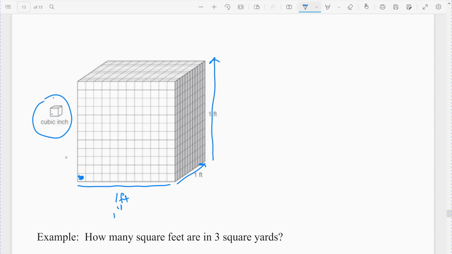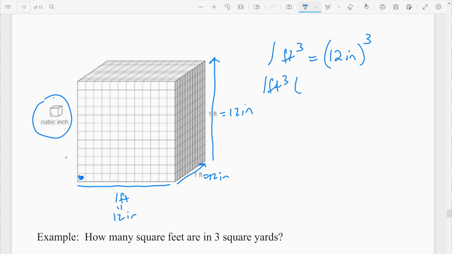This would be 12 inches, this would be 12 inches, this would be 12 inches, so it's a cube, 12 inches cubed, right? 1 foot cubed would be 12 inches cubed. There would be 3 of them, 12 inches by 12 inches by 12 inches.